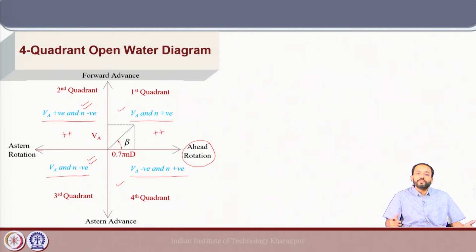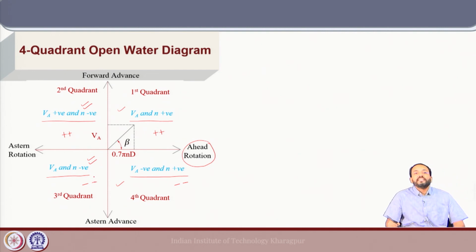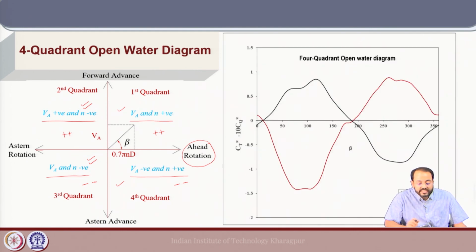That means it corresponds to a condition where the ship is moving ahead, and anything below the horizontal axis, the third and fourth quadrant, corresponds to the condition where the velocity of advance is negative, that is astern advance, the ship is moving astern. So, these are the conditions which combine to give the 4 quadrant characteristics.